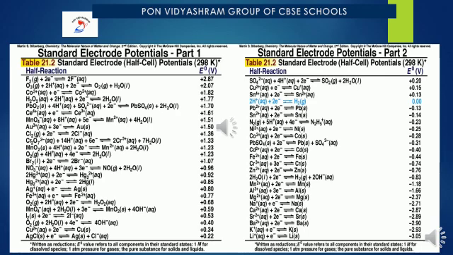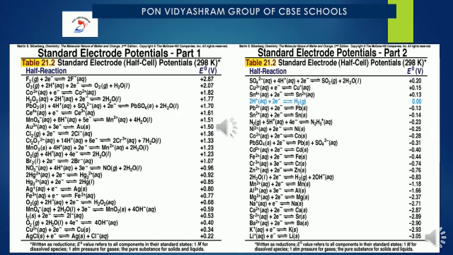Let me talk about a few important characteristics of this electrochemical series. The first one is, all those substances which have positive values of reduction potential are placed below hydrogen in the series, and if placed below hydrogen, they will be weaker reducing agents than hydrogen. Whereas the substances which are stronger reducing agents than hydrogen are placed above in the series and have negative values of standard electrode potential.